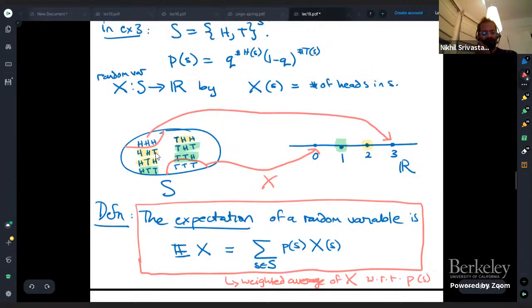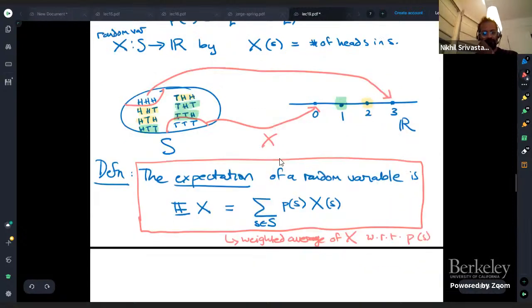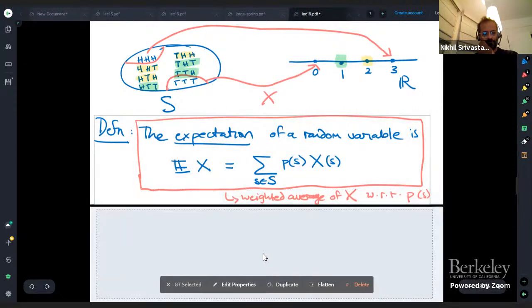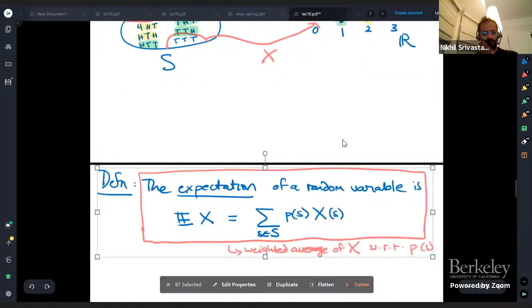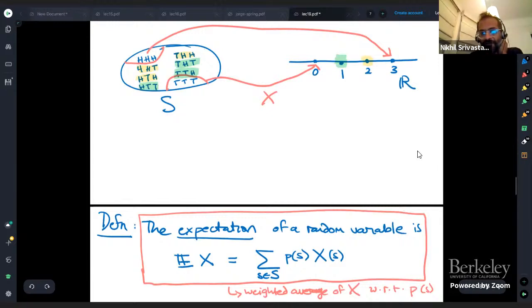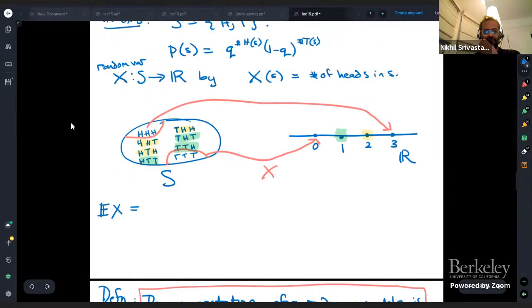So let's figure out what it is in this case. So in example 3, maybe let me move this down so I have more space to do it. Okay. So in this example above, we have that the expectation of X, well, it's a sum over 8 things, right?